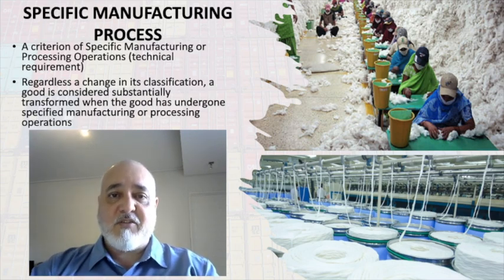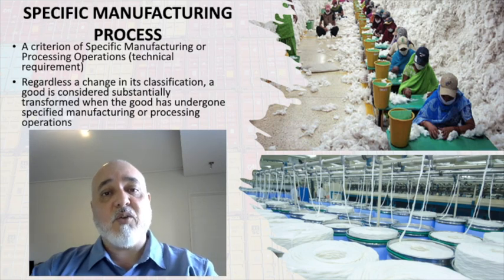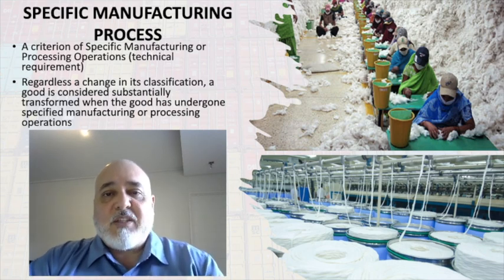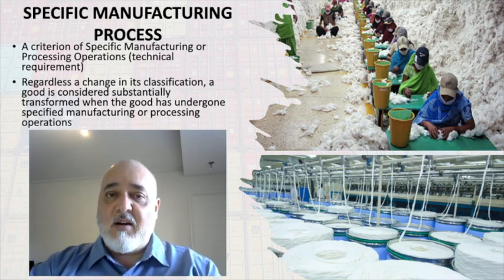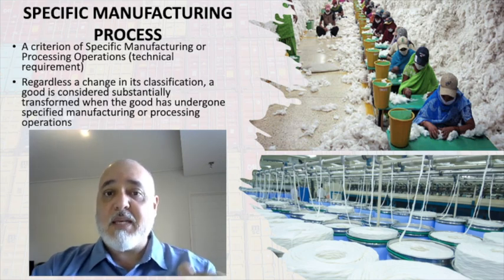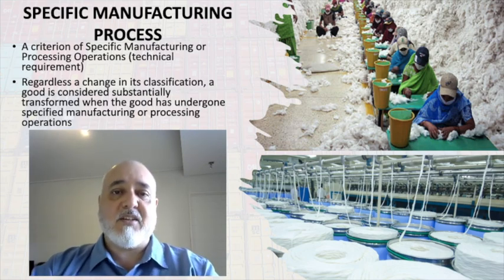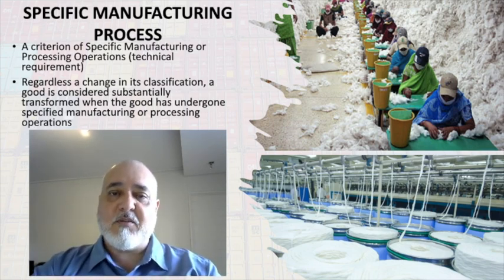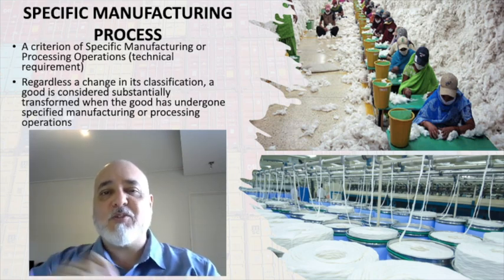The change in tariff classification involves classifying the product into a heading or subheading different from all non-originating material used. The value add rule can be expressed through maximum allowance for non-originating materials or a minimum requirement of domestic content. And the specific manufacturing or processing operation criterion involves the product undergoing specific manufacturing or processing operations.